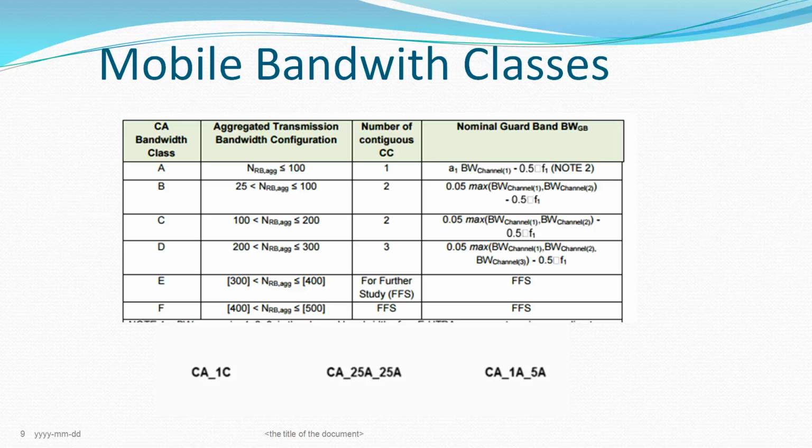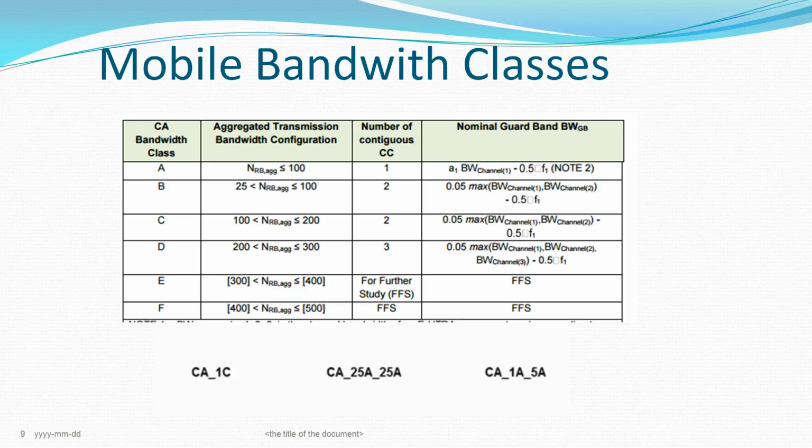The first one is an aggregation type of contiguous one. CA stands for carrier-aggregation, 1 stands for aggregation in frequency band 1, and C stands for class C. So in this case, you aggregate within frequency band 1, and you have 2 component carriers because it's a class C. The second use case is intraband non-contiguous.